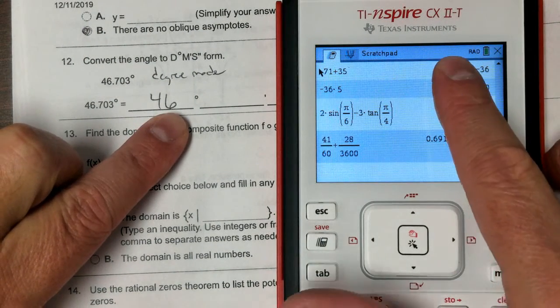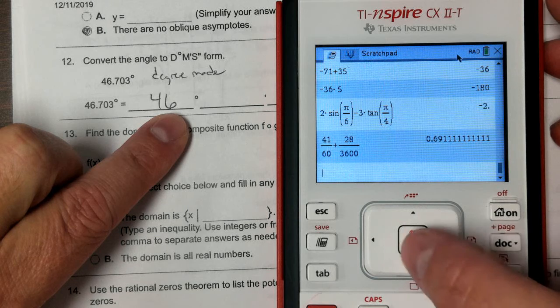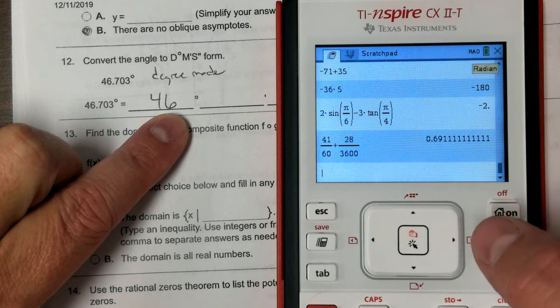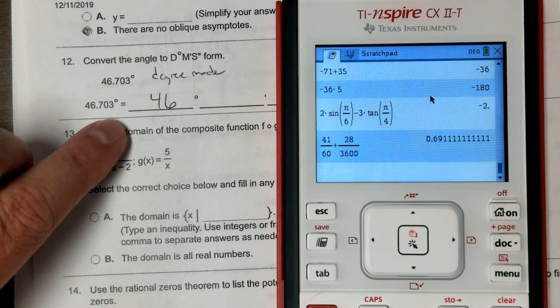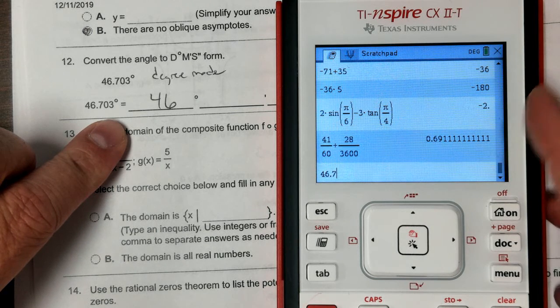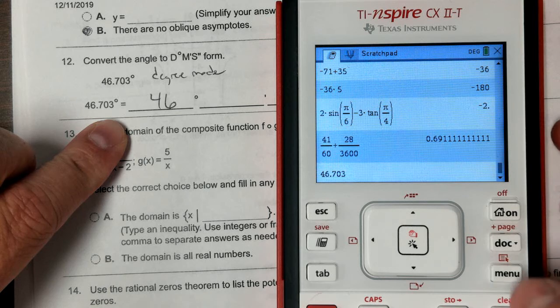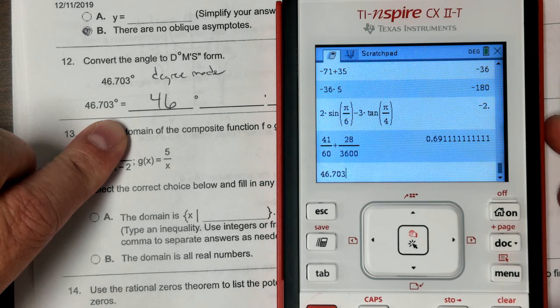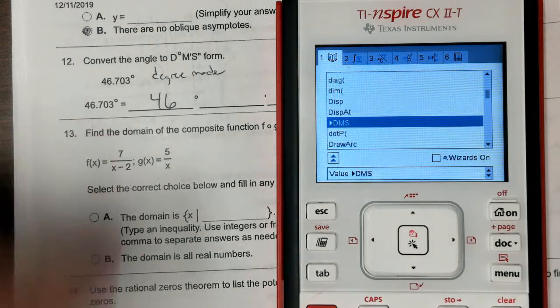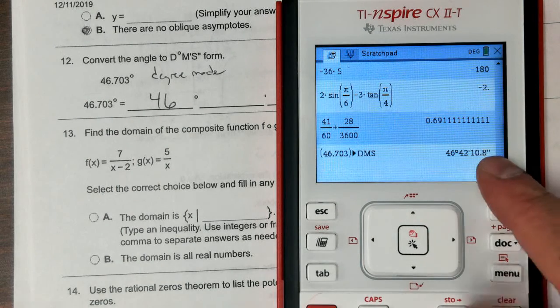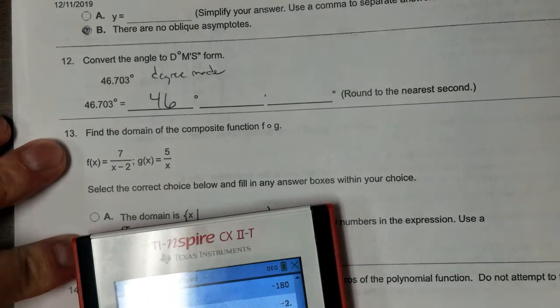At the moment, I'm in radian mode, so I just single click up here, like that. And we put 46.703. Then we hit the open book and go to DMS from 1. That tells you this answer.